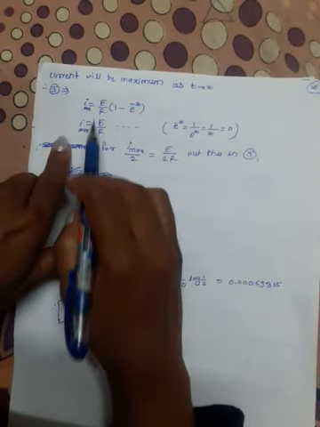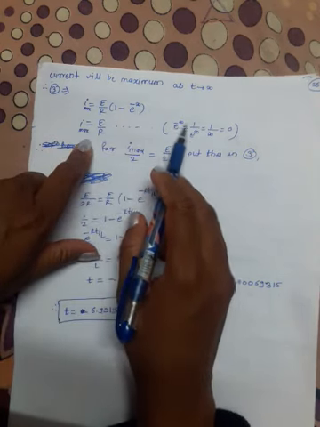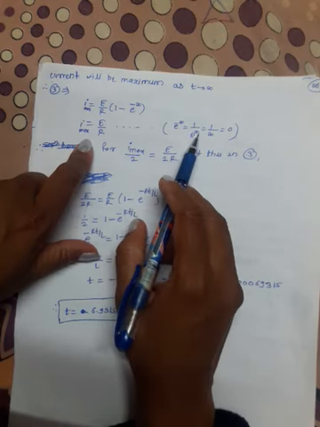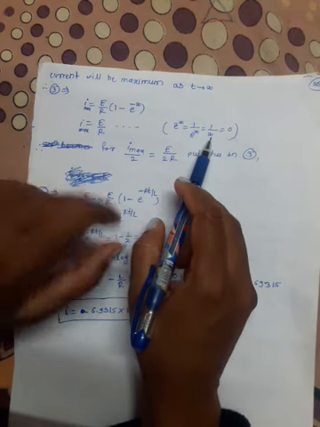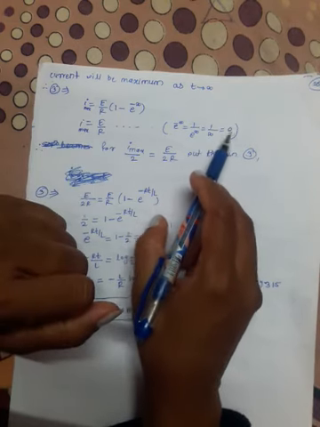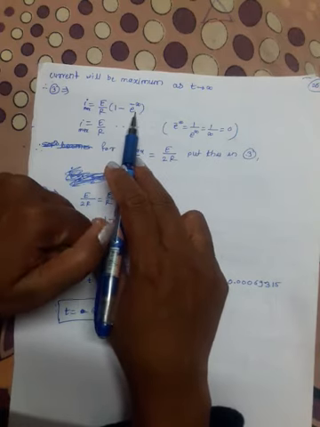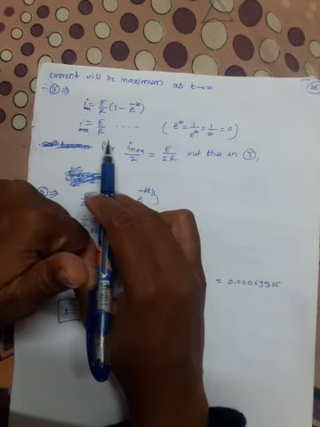We know I maximum becomes E upon R times (1 minus 0), because e raised to minus infinity is 1 upon e raised to infinity, which is 1 upon infinity, and infinity is defined as something whose reciprocal value is 0. That's why its value is 0. E raised to minus infinity is always 0. Therefore, the answer for I maximum, that is maximum current, is E upon R.